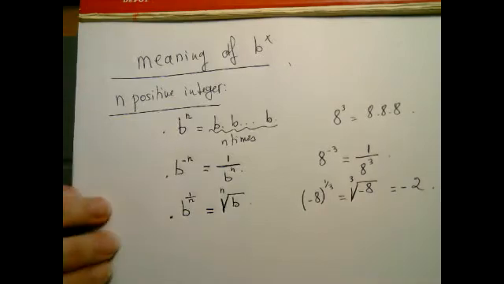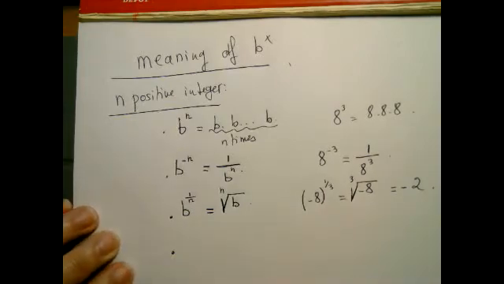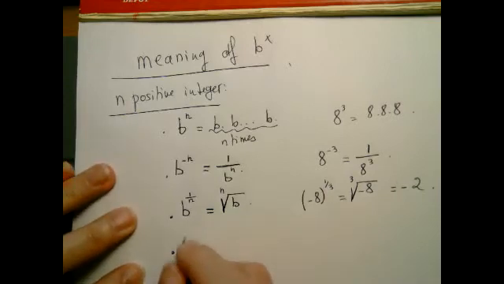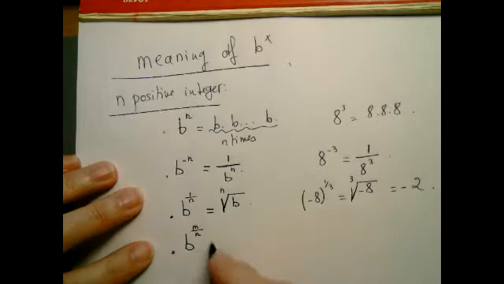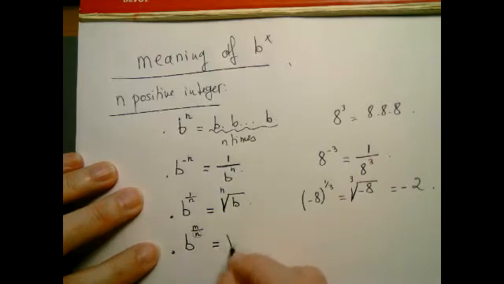Okay. Now, one more. What is b to the m over n? Okay, n always is the root.